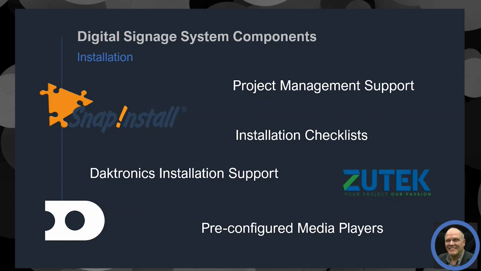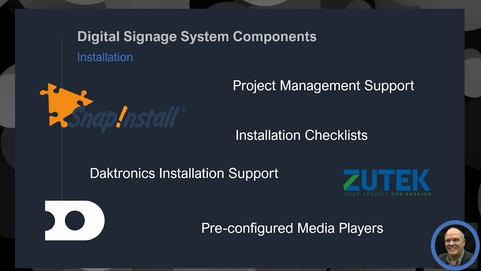To help that along, we've created pre-configured media players, understanding that we're trying to get to plug and play as close to that as we can, where a system is installed, not a whole lot of on-site changes or last-minute configurations are necessary, and the system arrives ready to perform as sold.